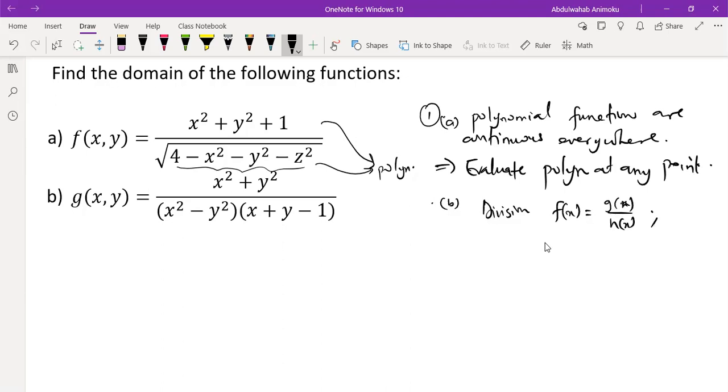Now, when you have this relationship, this function cannot be evaluated whenever the denominator is 0, right? Whenever h of x is equal to 0, f of x is undefined. That is the second thing that you have to note. Which means that all the values of x that will satisfy h of x equals 0 will not be in the domain.